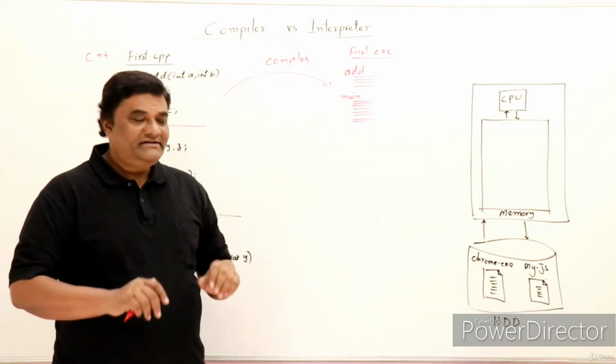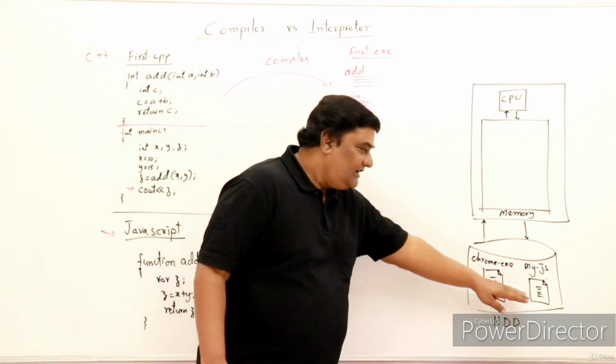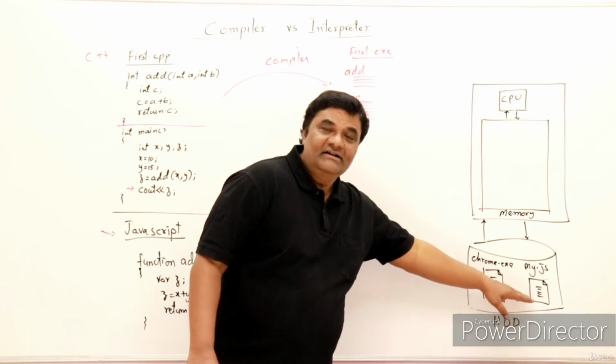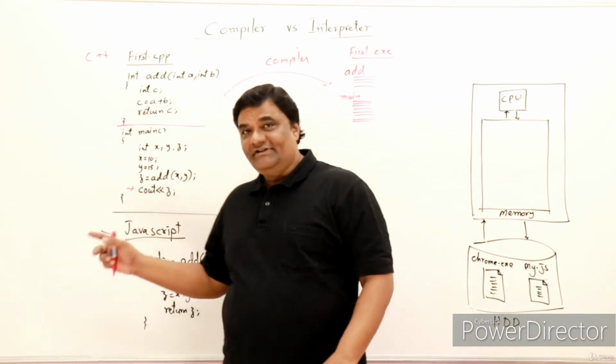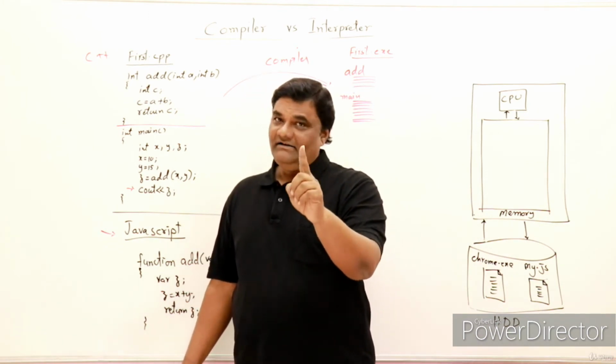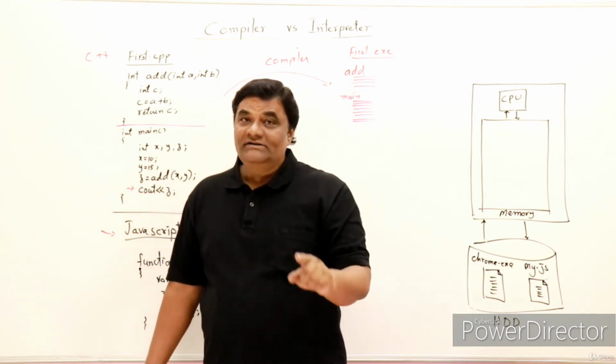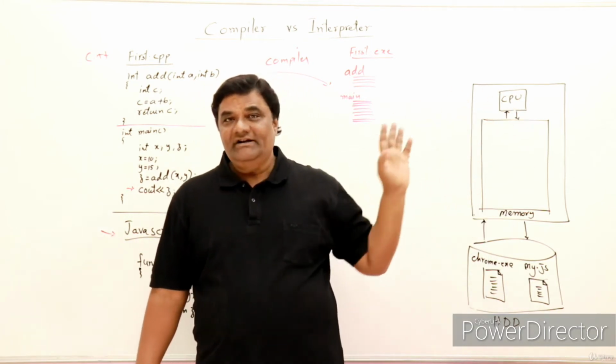So now you can see how it works. First of all, Chrome will run. Then if you release this file, it will take the file. Then it will go through this file, and it will translate it line by line. And after translation, it will convert into machine code. And also it will get executed.